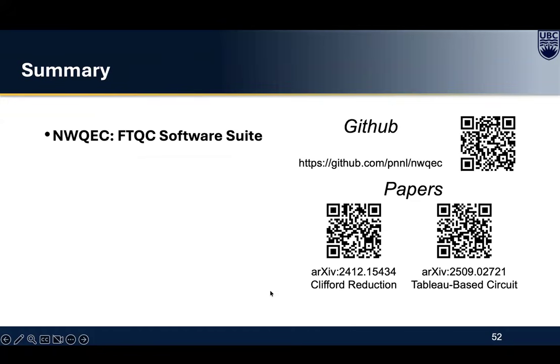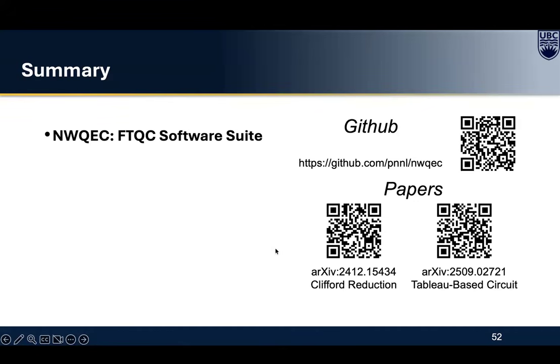So as a summary, all of the frameworks and optimizations are open sourced in this package called NWQEC. That is a framework that we developed specifically for FTQC translations and optimizations. The two optimization works, the Clifford reduction and the Tableau-based circuit optimization, and their corresponding paper links are also shown here.